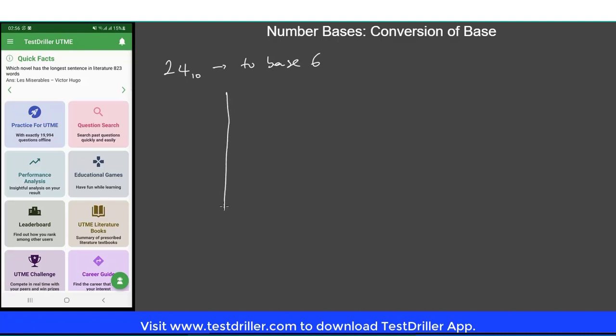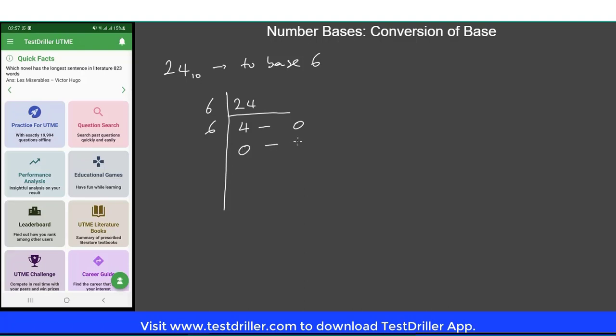What you're going to do is divide 24 by 6 and continue doing the division until you get to 0. So let's take a look. You divide 24 by 6 and that will give you 4. And what's the remainder? The remainder is 0. If you divide 4 by 6, that's not possible, so the quotient is 0.